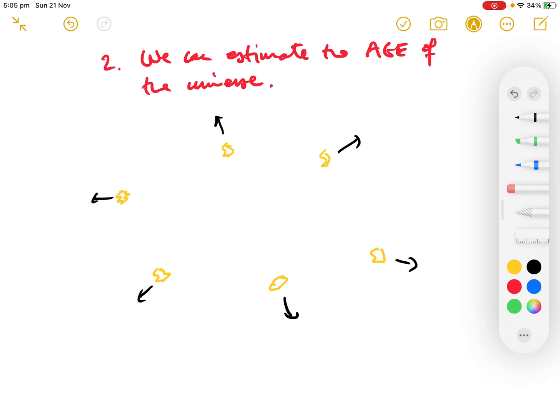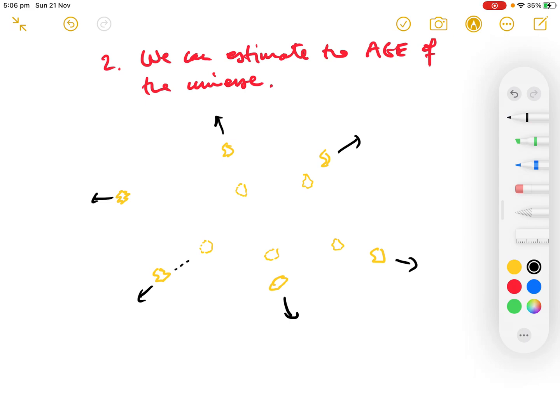Now, what Hubble then said was, if we go back in time, then obviously the galaxies would be less far away from each other. So maybe this one would be in there, that one would be in there, and so on and so forth.